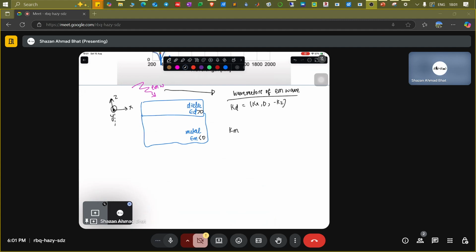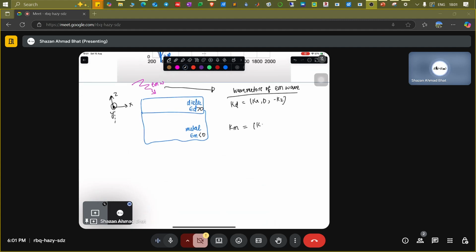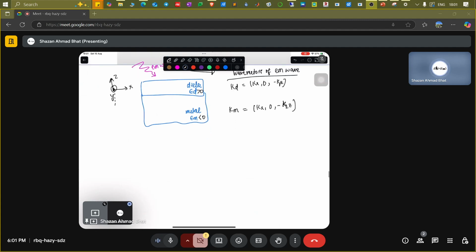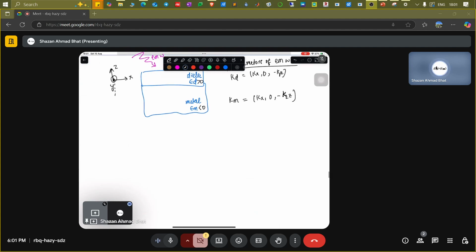So what is going to happen in the metal? It will be Kx, 0, minus Kz. Let's say this is K1z, this is K2z. These are just the coordinates of the wave vector.